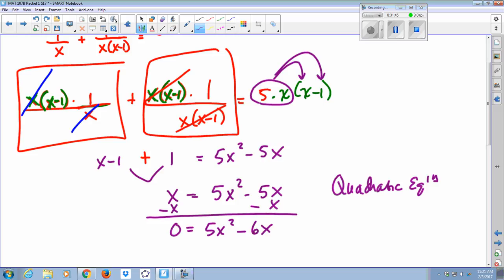You have the quadratic term, which is 5x squared. You have your linear term, which is negative 6x. How are you going to factor this? What do I want to hear you shout out loud and strong? How are you going to factor that right-hand side? Pull an x out. What's the pulling the x out called?